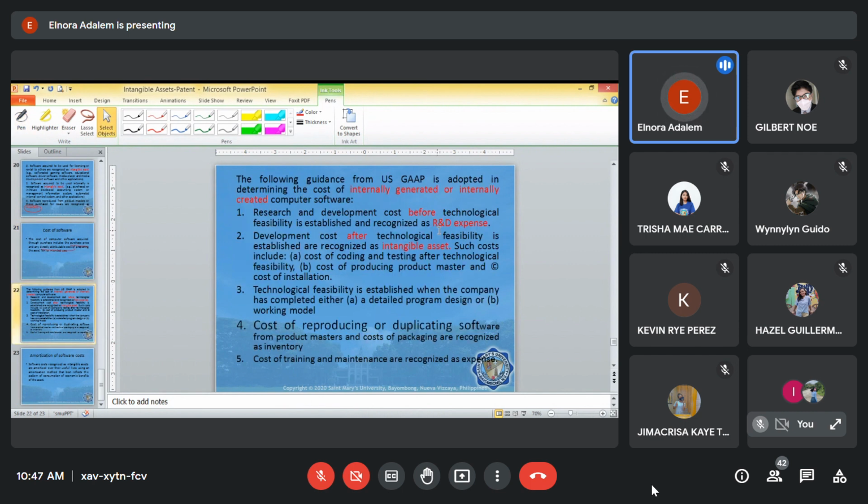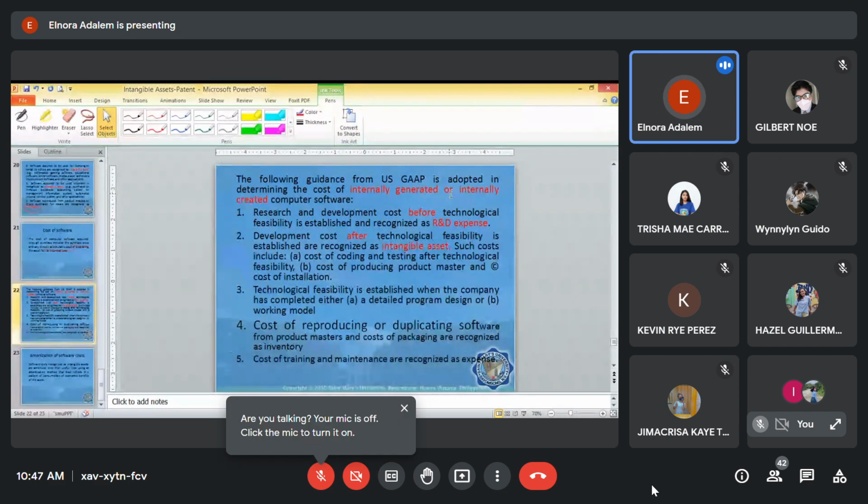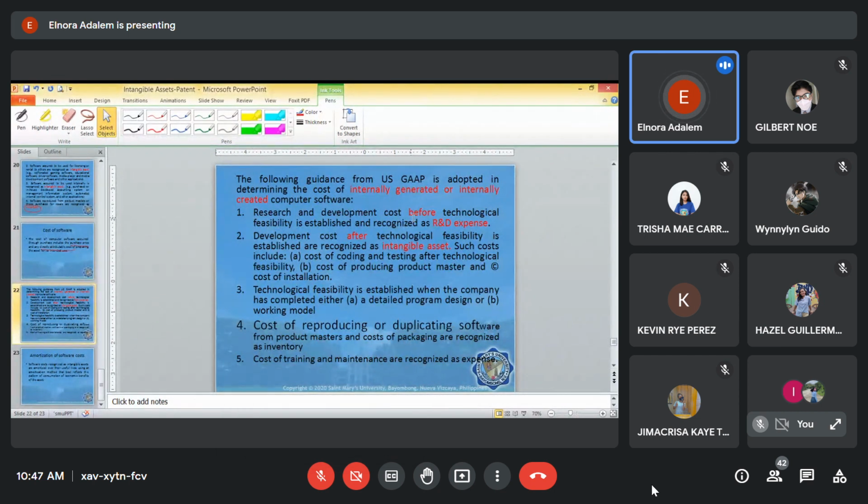Now, with regards to internally generated or internally created software, we have the following guidelines for research and development cost. So you have your terms here, before and after. If the cost is incurred before technological feasibility, that will be expense. It is research and development expense.